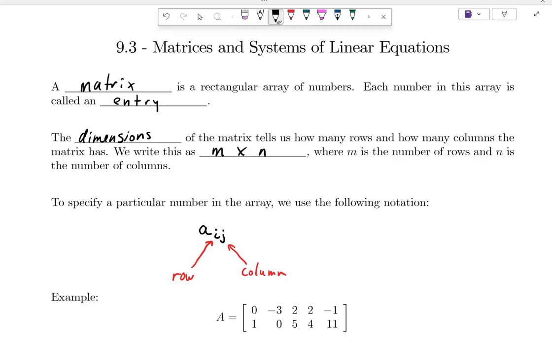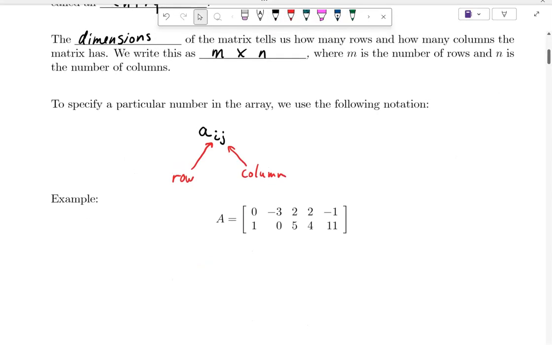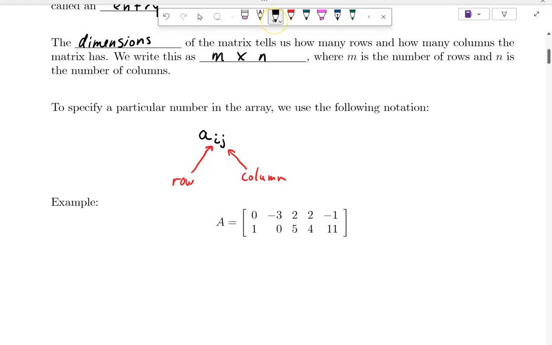Okay. All right, let's look at this example. You just told me a minute ago, A has how many rows and how many columns? Other way around. Yes, 2 rows, 5 columns, right? So we would say that A is a 2 by 5 matrix. Again, the 2 refers to the number of rows and the 5 refers to the number of columns.